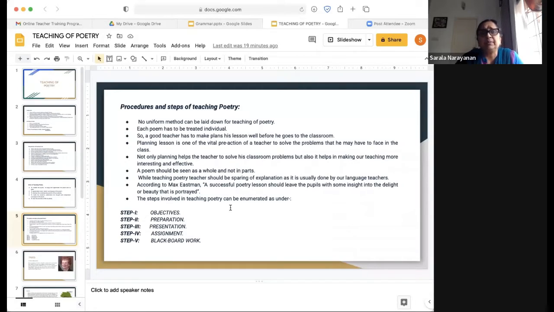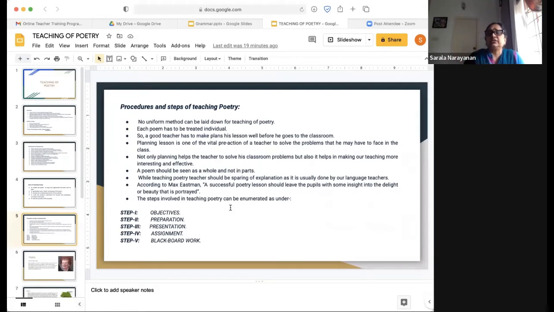See, poems should not be read only for the purpose of writing in the exam. They should develop the habit of reading more poetry to help them be more creative, more imaginative. That's why when we did such a simple poem on trees, I told you, we can ask them to add 2-3 more lines to what the poet has written. She has written trees are for this, trees are for this.